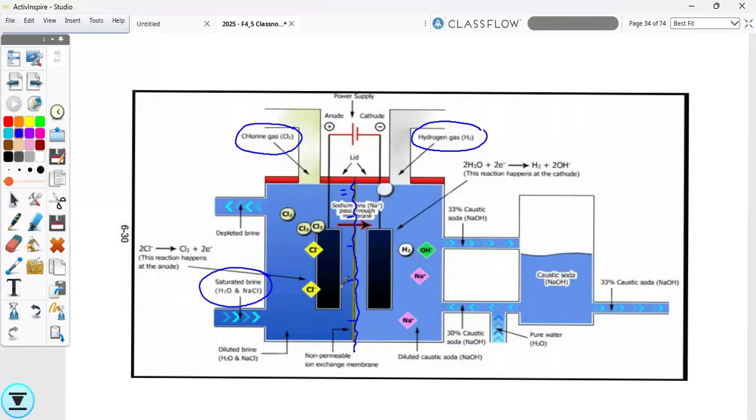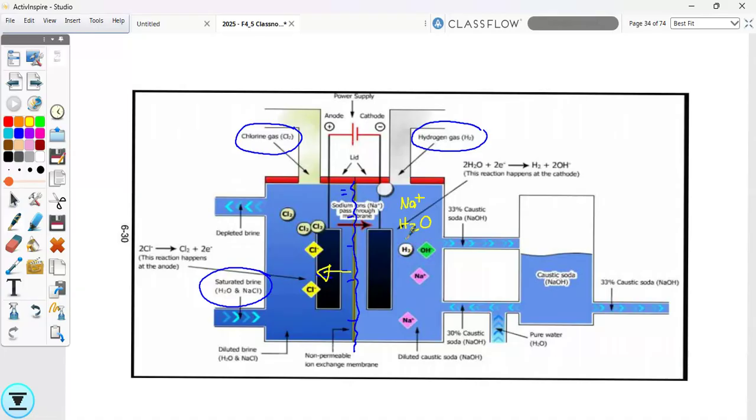If it's negatively charged, it repels the Cl- away, so the Cl- stays on its own side. It also prevents other ions from going through so that we don't have oxygen actually forming on this side. We want only the sodium ions going through. So sodium ions go through, and then the sodium ion is in competition with water, and the water wins.